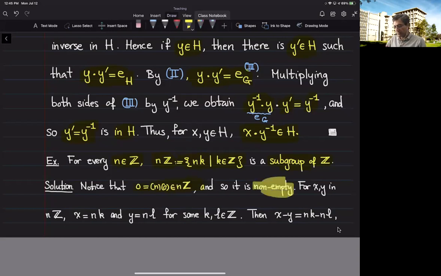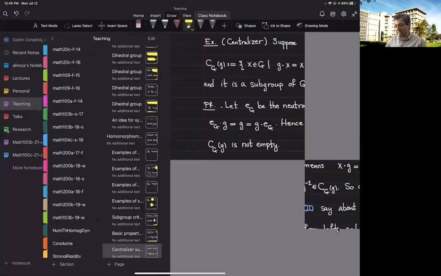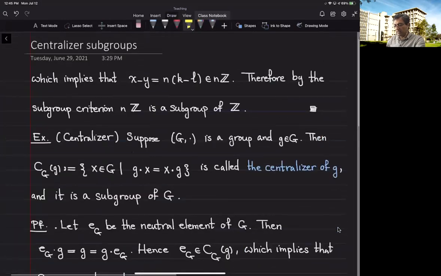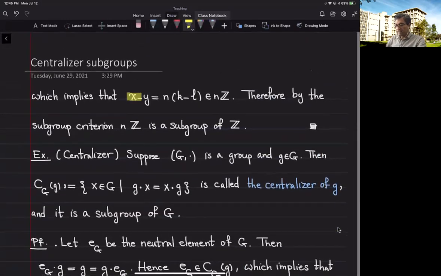That's good. I give you two elements inside this set. So x and y are multiples of n. That means x is n times k, y is n times l for some integers k and l. Then I look at x minus y. That is nk minus nl. I can factor out n, and I get n times (k minus l).